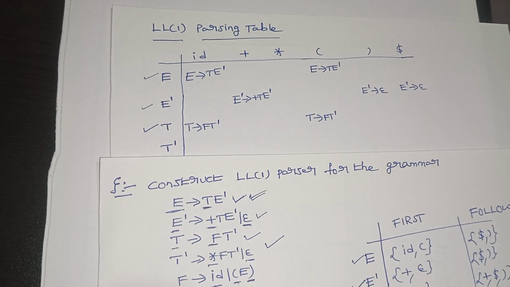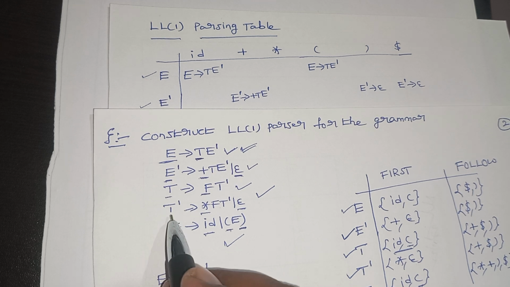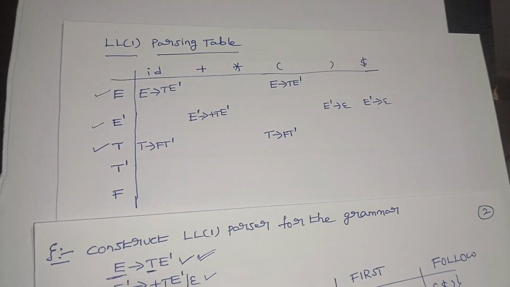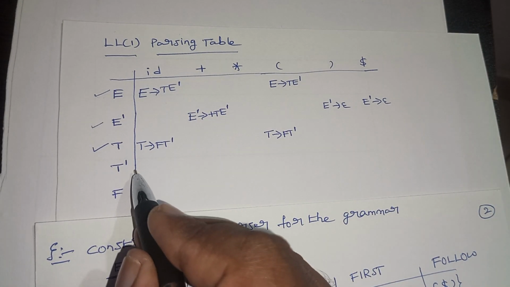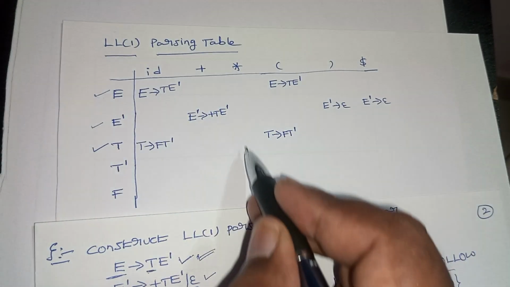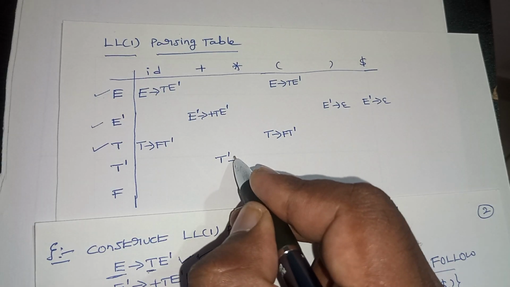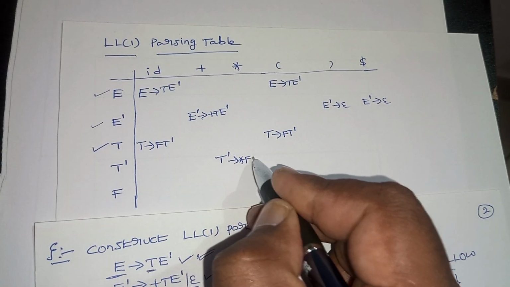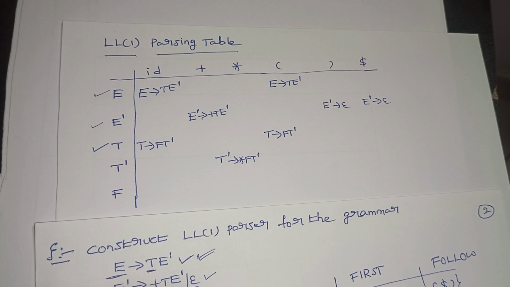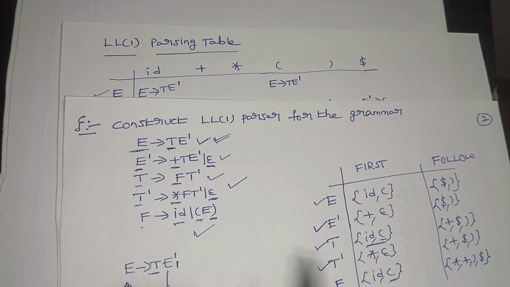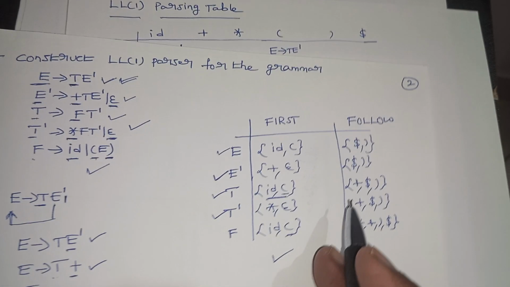Now take T dash. Where do you write T dash? First of RHS, that is star F T dash. So T dash tends to star F T dash, you write like that. Now by observation I am having a null production, so you write follow of T dash. What is follow of T dash?